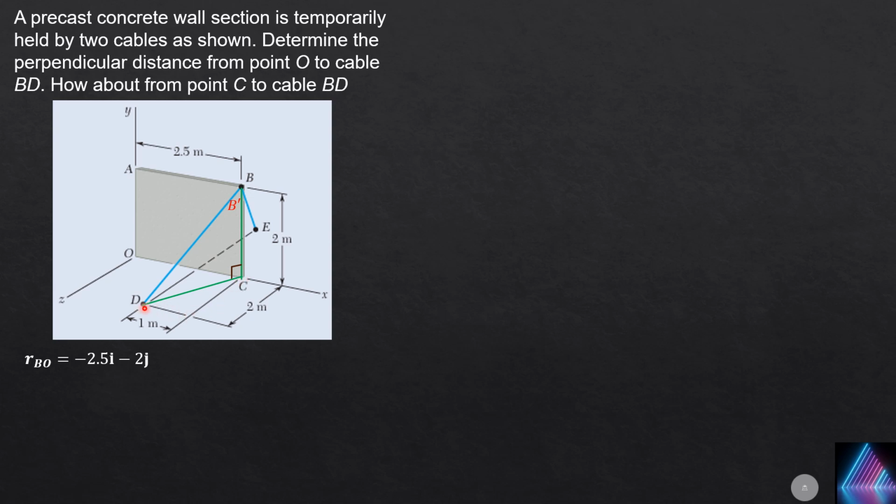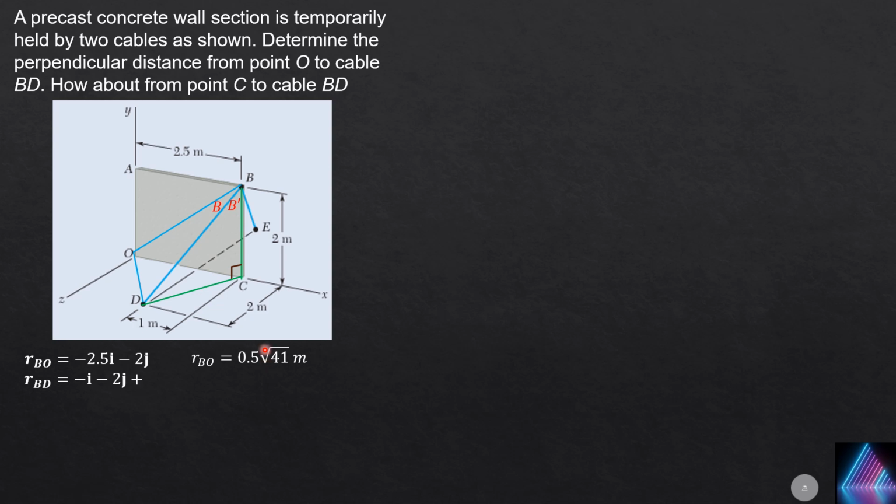So negative i, negative 2j, then positive 2k. So that's a triangle. So again, the magnitude of RBO, by the way, is the square root of 2.5 squared plus 2 squared, and that is 0.5 square root of 41 meters.